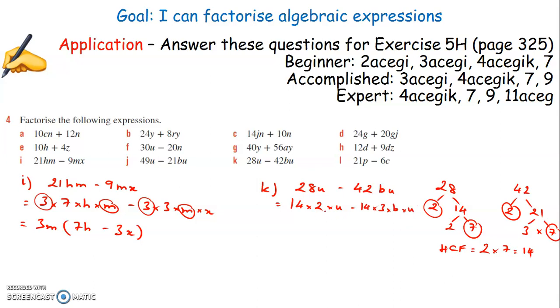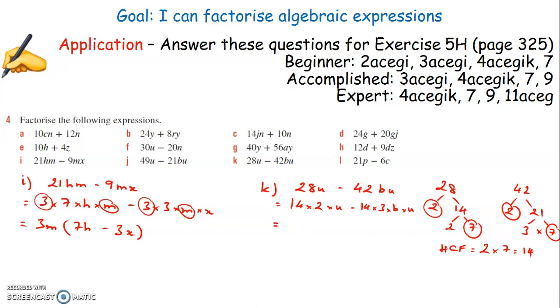Now, if you want to know how I get the number 2 and the number 3 here, have a look at our factor tree. What do we have left? We have the number 2 here, and we have the number 3. So you can see that the factor tree is very useful for us when we factorize.